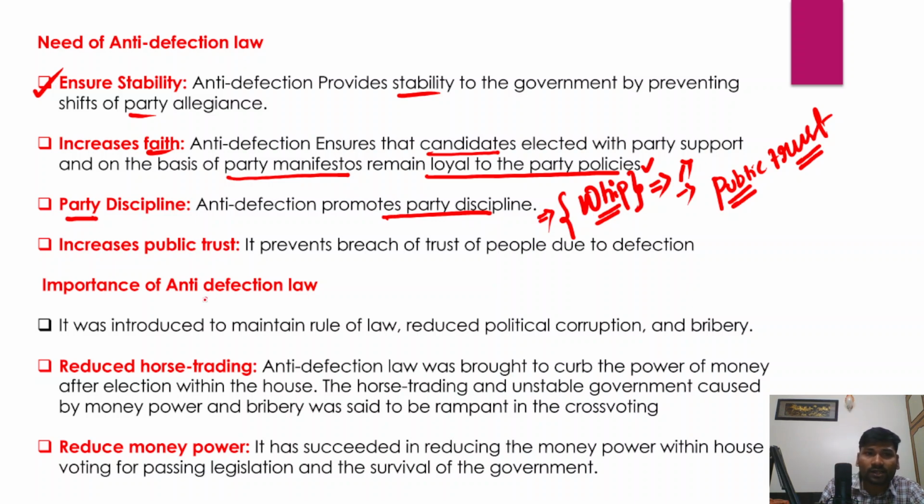Now we'll understand the importance of the anti-defection law in a democracy like India. We have understood the need for the anti-defection law, and we should also understand its importance.